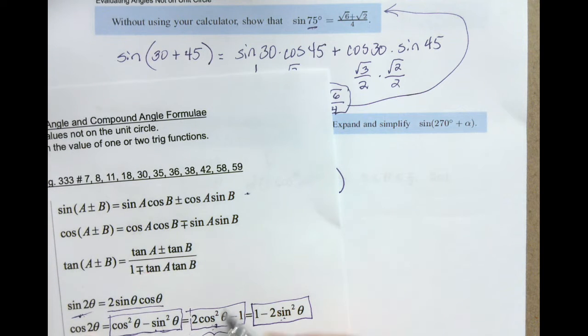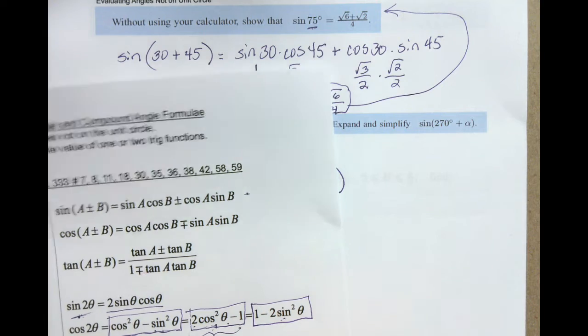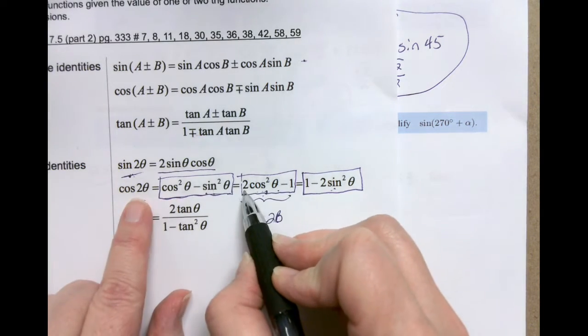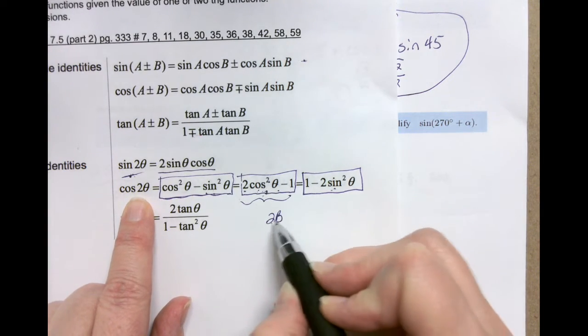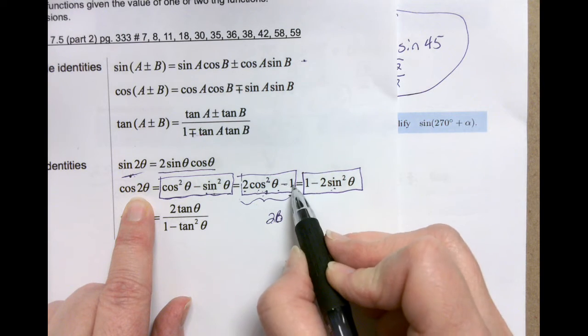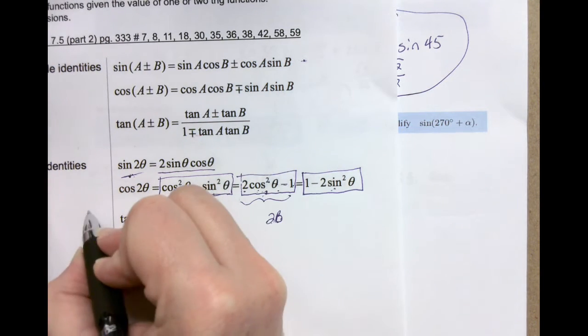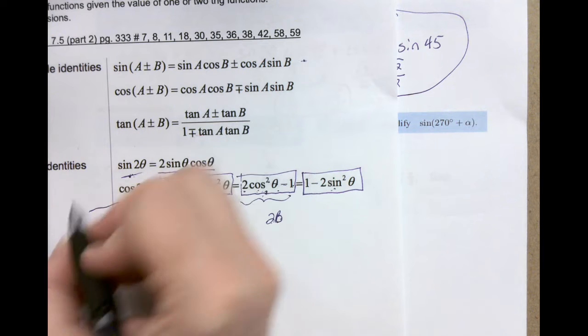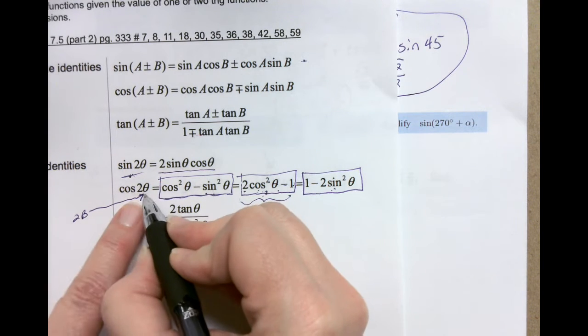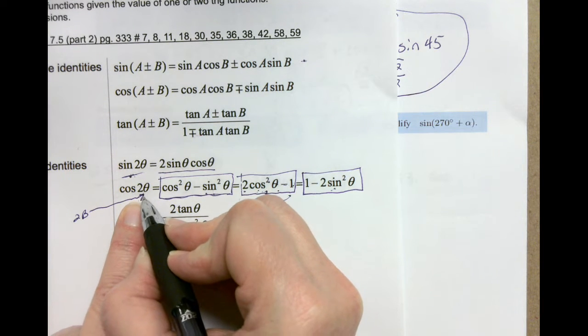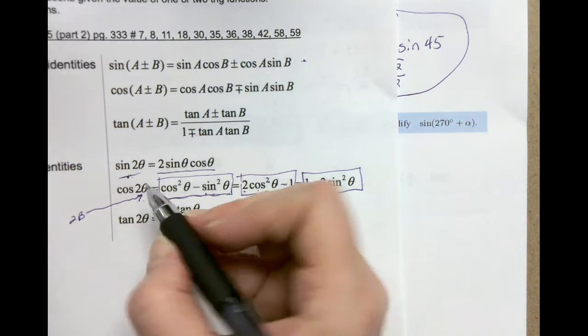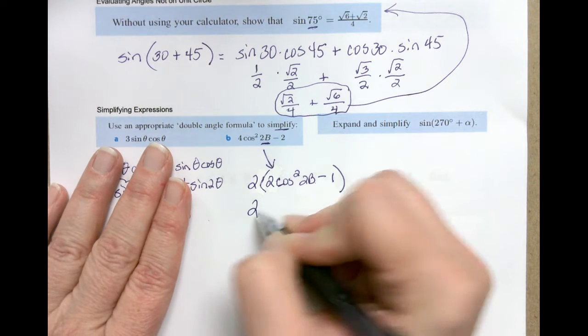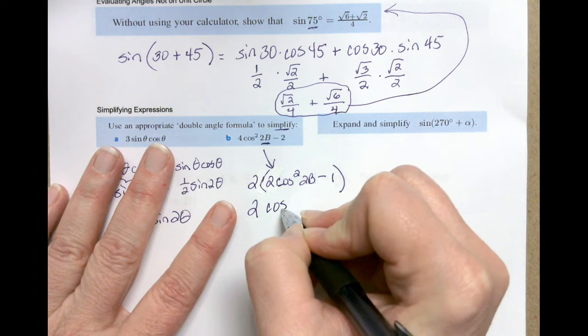So 2 cosine squared of 2b minus 1 would be, okay, what would happen if I put 2b right there for theta? It'd be 4b. So this is 2 times the cosine of 4b.